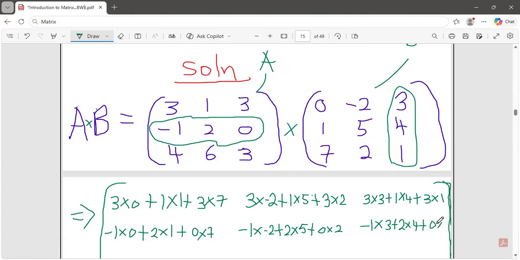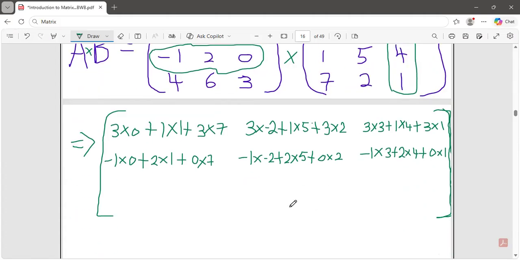Very beautiful as that. Negative 1 times 3, 2 times 4, and 0 times 1.